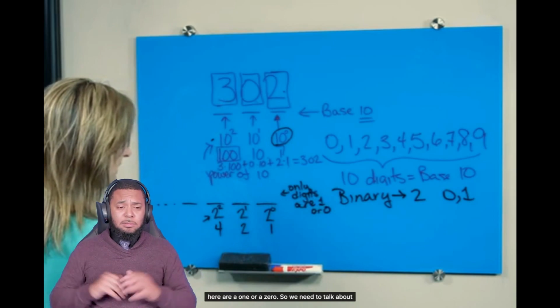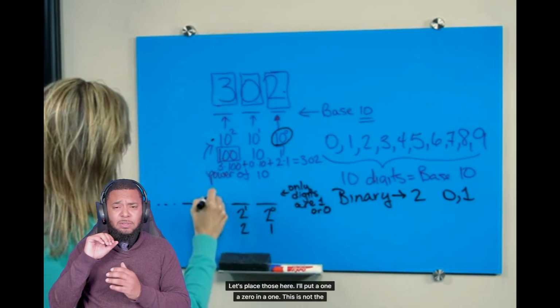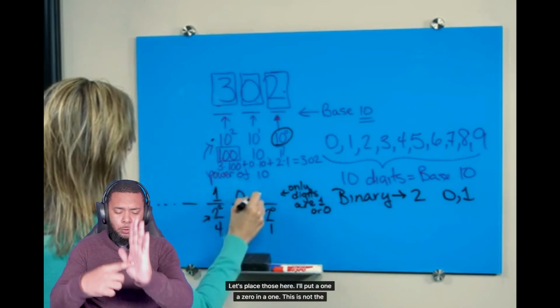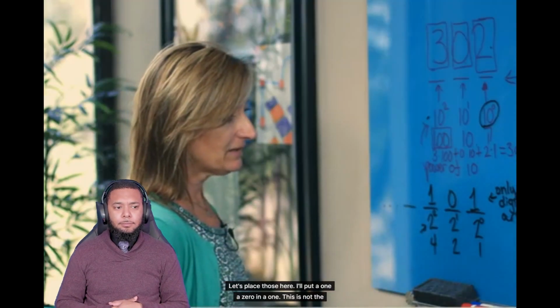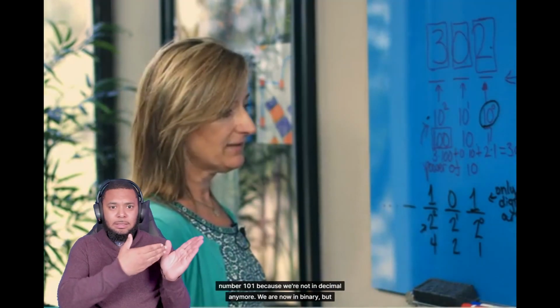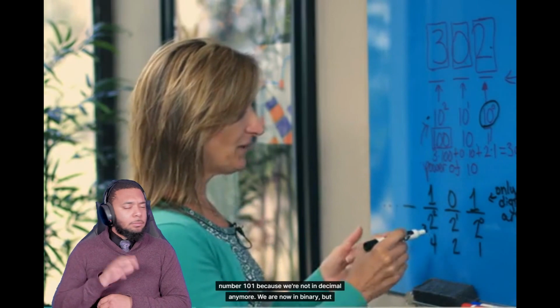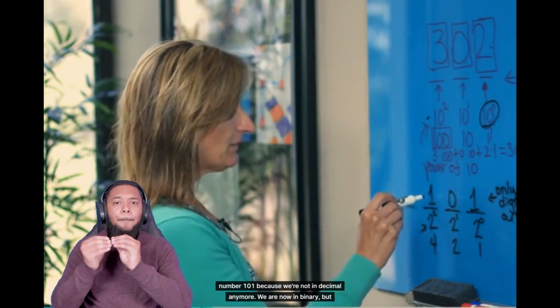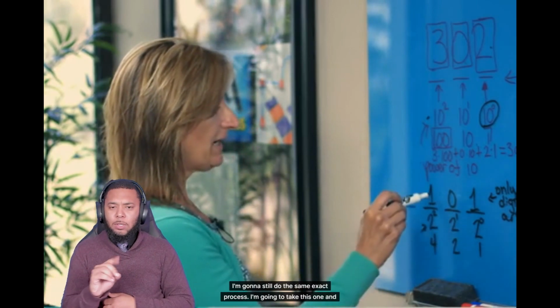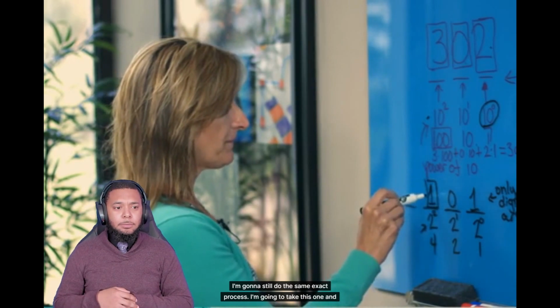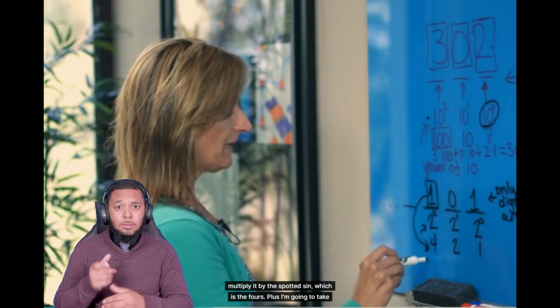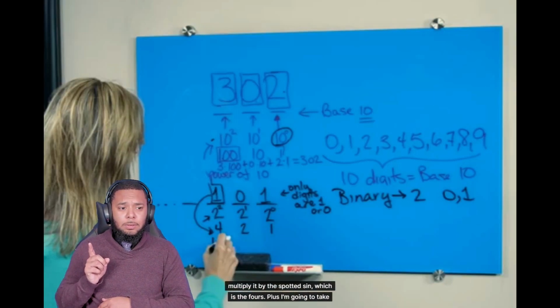So let's place those, here I'll put a 1, a 0, and a 1. This is not the number 101 because we're not in decimal anymore. We are now in binary. But I'm going to still do the same exact process. I'm going to take this 1 and multiply it by the spot it's in, which is the 4s.